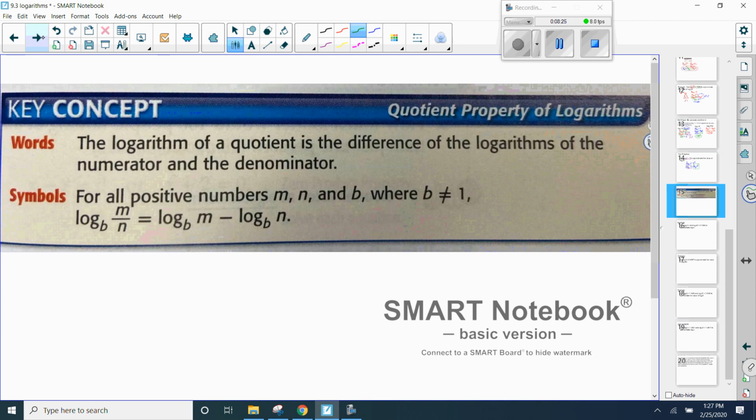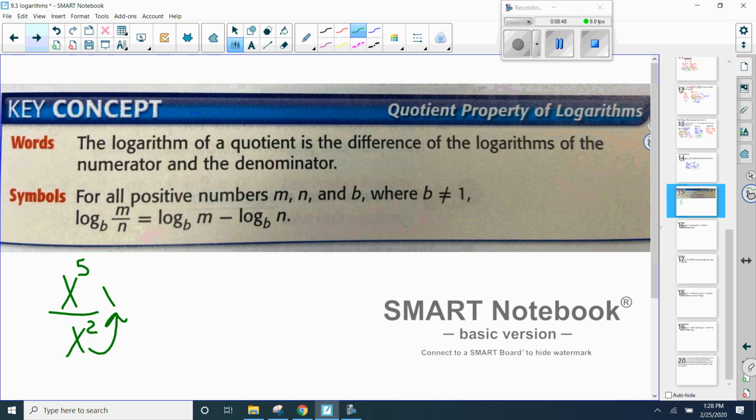Which leads us into the new material, which was your third bell ringer that I had up there, seeing if you could remember what I mentioned yesterday talking about exponents. Since logs are exponents, if you divide, say if I had x to the 5th divided by x to the 2nd, what do you do to the exponents? Subtract them.